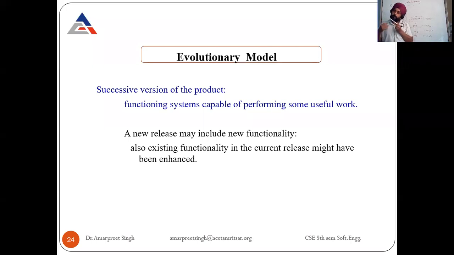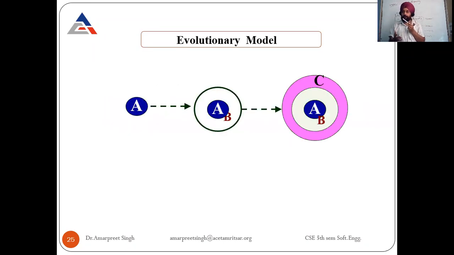This is also the evolutionary model. In the next version, the functions are the same, but the functions are enhanced. See the example: the first version has A, in the second version A is there plus B, and in the third version it is A plus B plus C. This type of adding functions or new features incrementally is known as the evolutionary model or the incremental model.